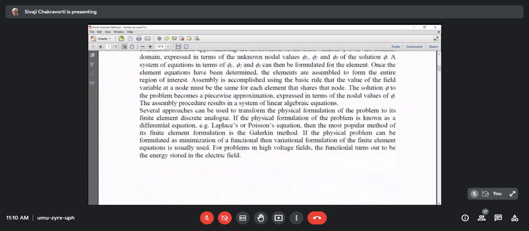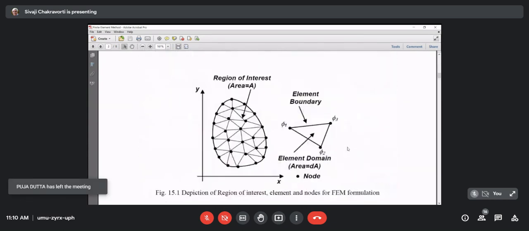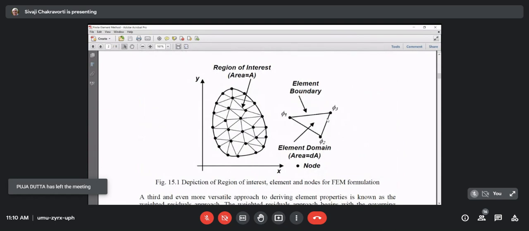Now, let me show you what we do, as explained in this diagram. This is a diagram I am showing for a two-dimensional field. It is easier to understand. On the left, we have the region of interest, which is the total area, let's say A. So what we are going to do is subdivide into smaller sub-regions, but then immediately the question will come: what will be the shape of the smaller sub-region?